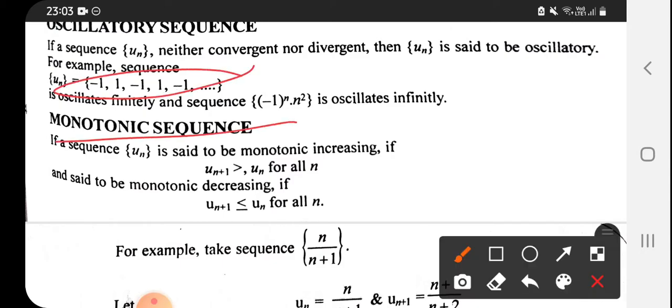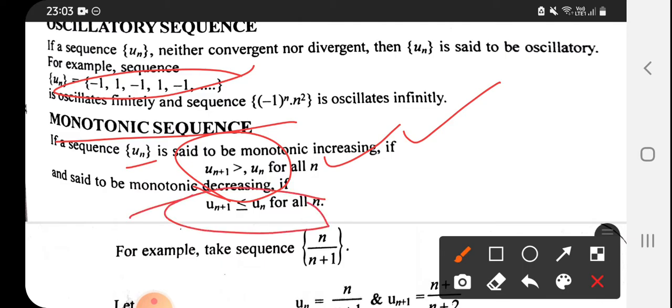Monotonic sequence. A sequence un is said to be monotonically increasing if un plus 1 is greater than un for all n, and monotonically decreasing if un plus 1 is less than or equal to un. That means the next term is less than the previous term, while here the next term is greater than the previous term.